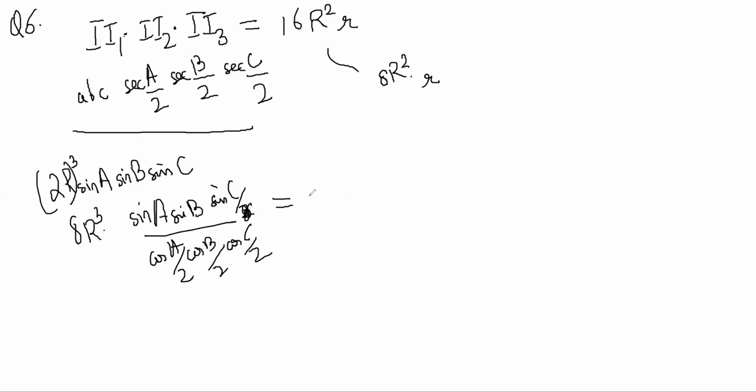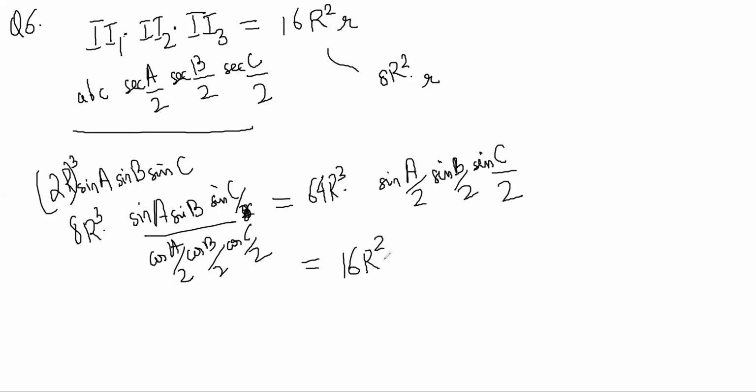So it becomes another 8 comes out, so 64 R cube, and it becomes sin A by 2 sin B by 2 sin C by 2, no? Cos gets cancelled, right? Now take the 4R inside, so 16R square into 4R sin A by 2 sin B by 2 sin C by 2 is what? Small r.